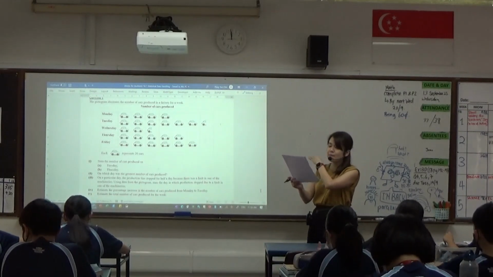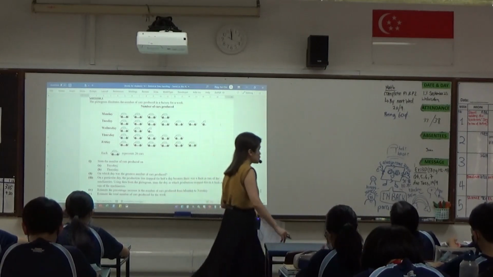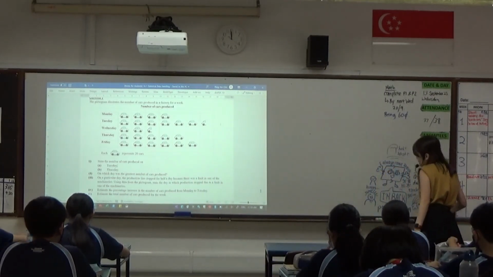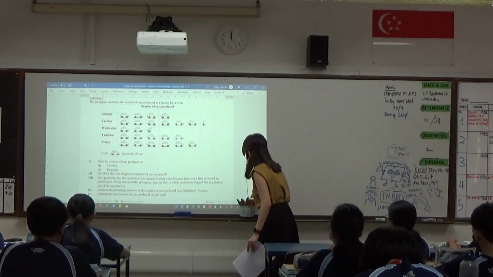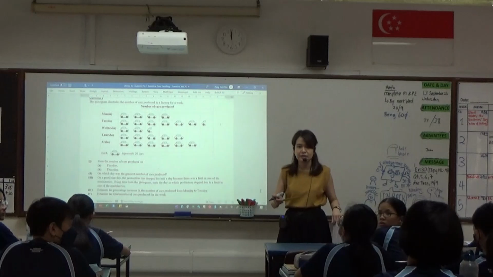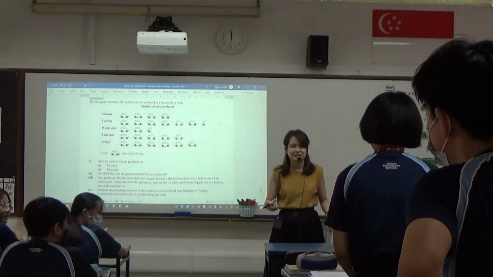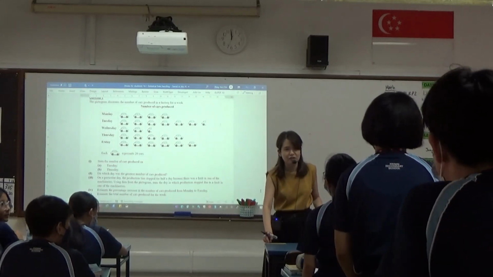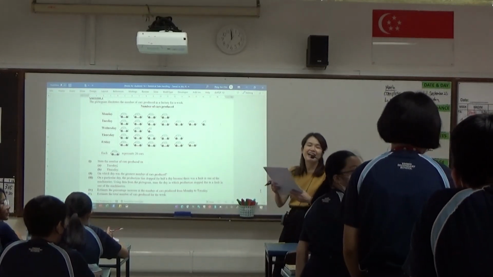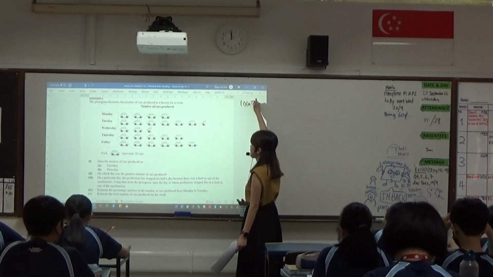We want to state the number of cars produced on Tuesday as well as Thursday. I'm going to choose people to answer. Evan, can you tell me what the answer for part A?